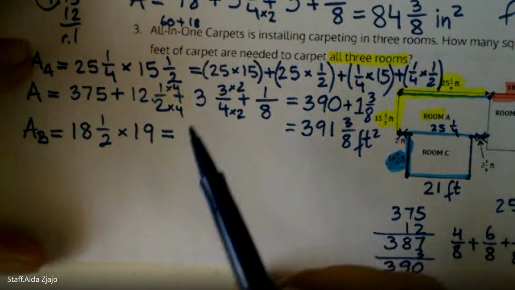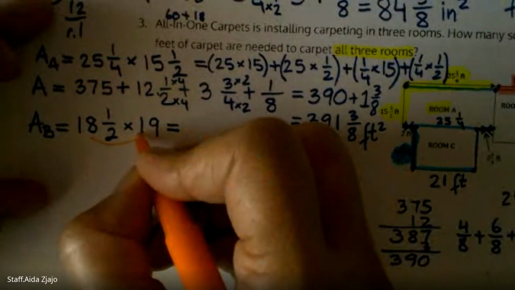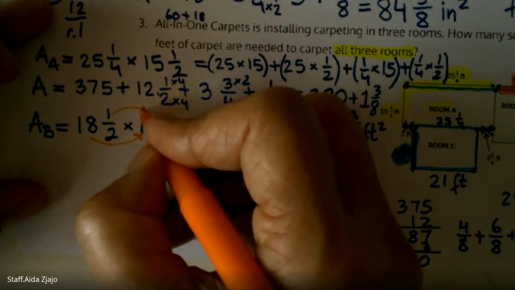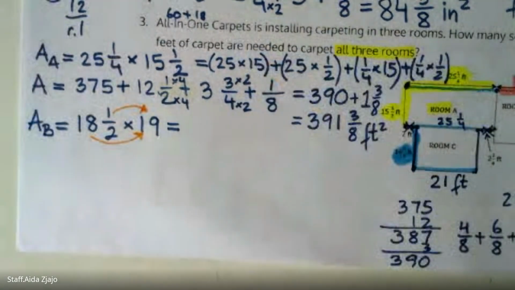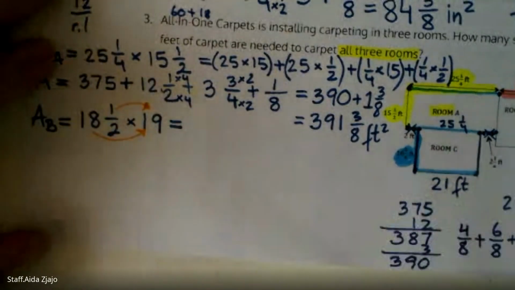So let's see, I need 18 times 19 and half of 19.